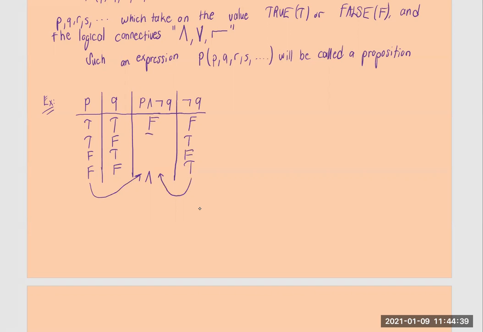True and true is true; true and false is false; false and true is false; and false and false is false. This is what I wanted to find here, the proposition. Any question till here?